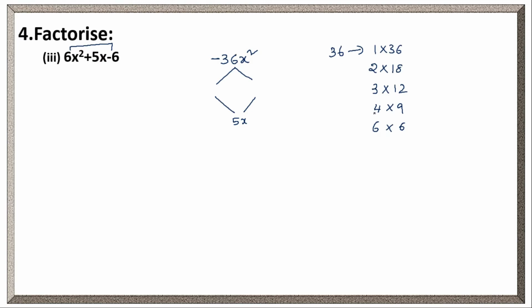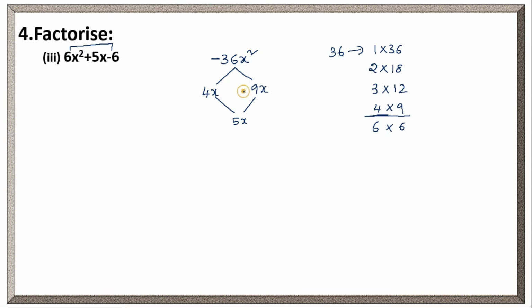If I choose 4 and 9, the sum will become 13, but the difference 9 minus 4 will become 5. So I can take 4 and 9 as factors. So 4x, 9x. Clear? Now what is the sign of 5x? Plus.